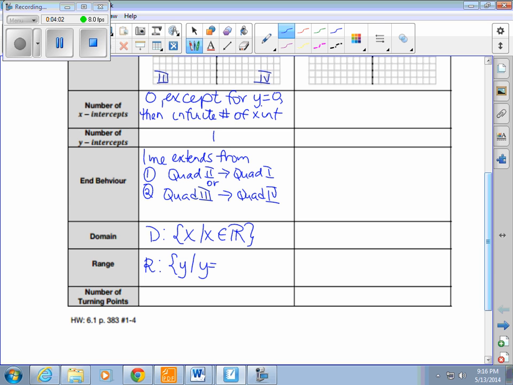So in our first graph, it would be y is equal to 6. Second graph would be y is equal to -4, or the y is equal to 0. Okay, so it just depends on what that is. Number of turning points, well, there aren't any. It just simply goes in a straight line.